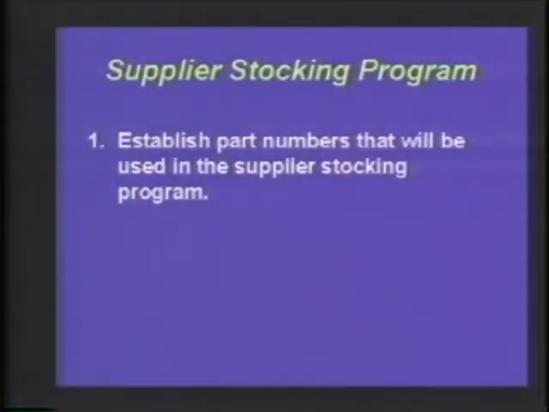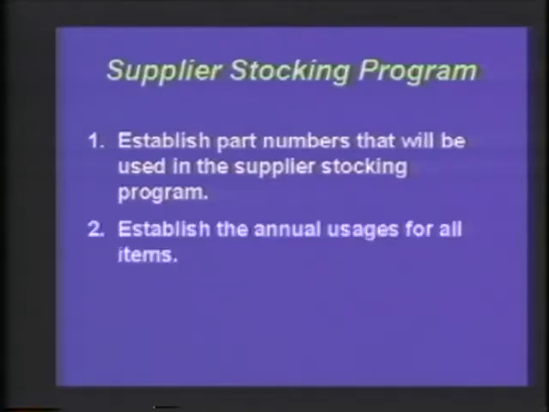So let's conclude now, if you will, the development of vendor stocking, and then we would have identified how cycle counting is used as a byproduct of the ABC analysis, and likewise the vendor stocking program. First of all, item 1 illustrates that we have to establish the part number, and secondly, we establish the annual usage.